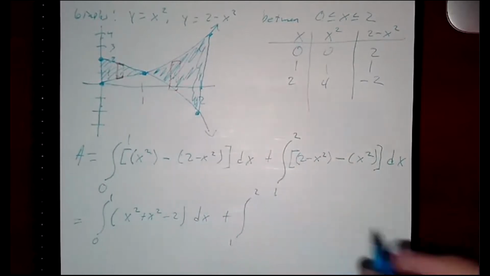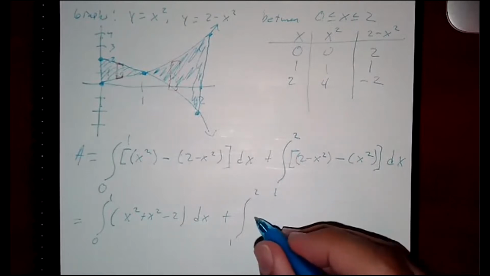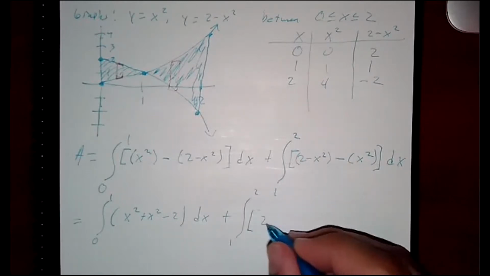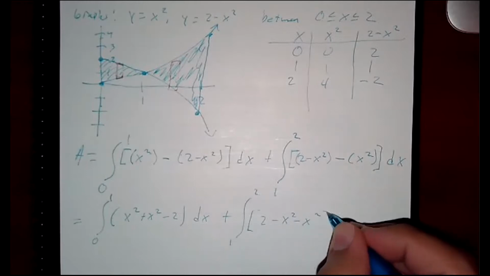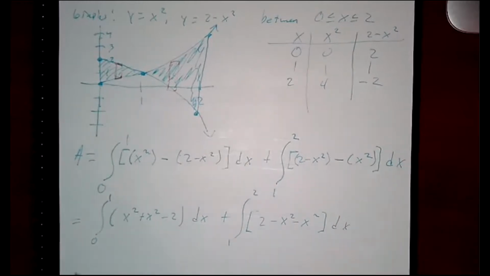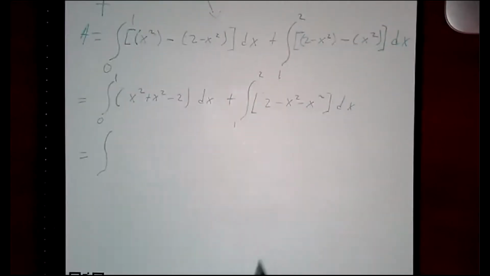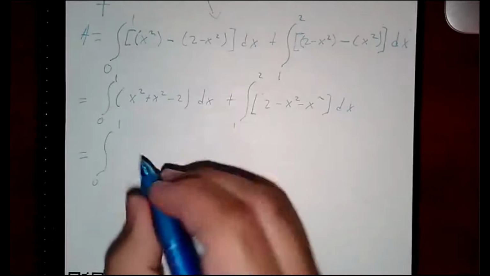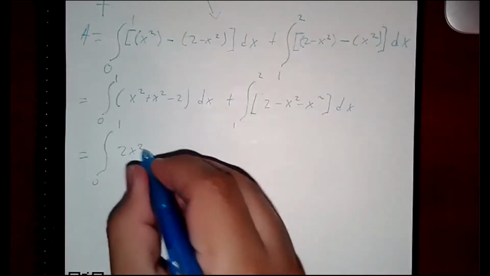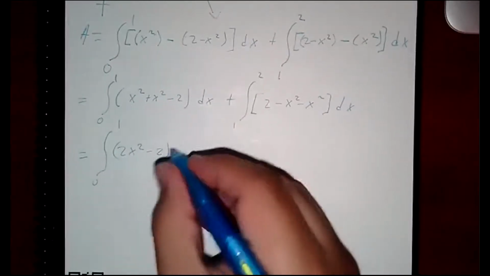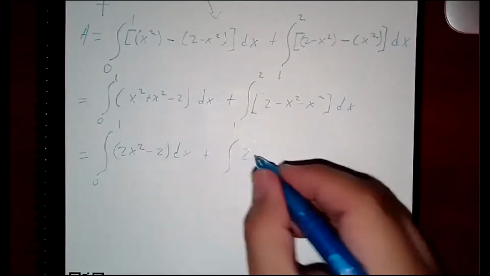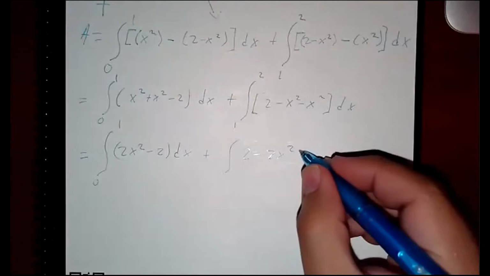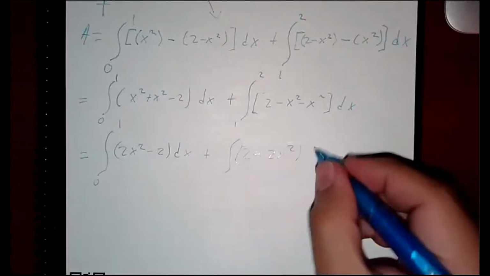Then 1 to 2, this would be 2 minus x squared minus x squared. We're going to combine everything: 0 to 1, that'll be 2x squared minus 2, plus the integral from 1 to 2 of 2 minus 2x squared dx.